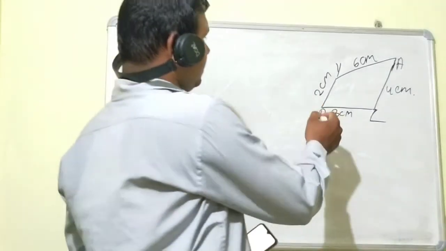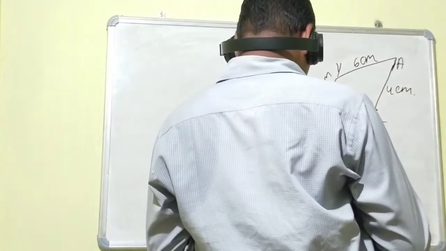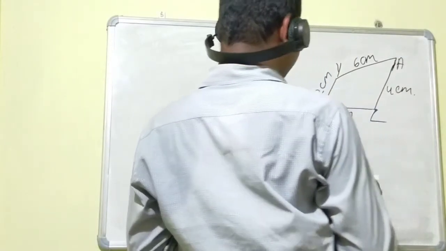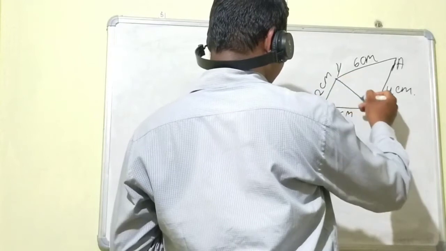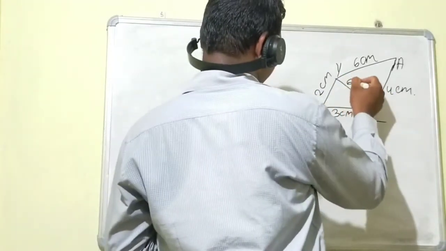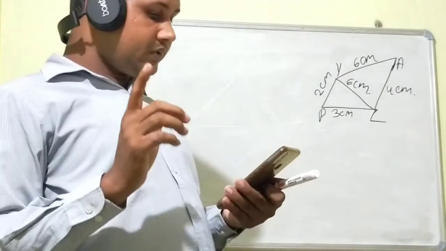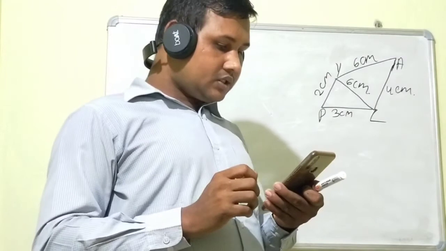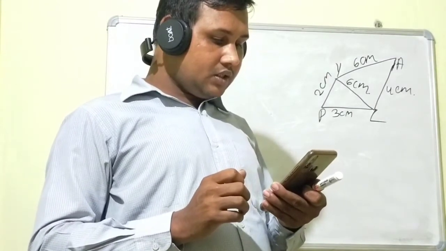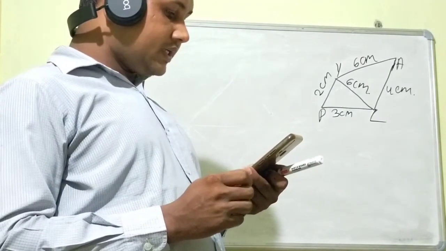In this question, all four sides are given, and a diagonal LY is given, that is 6 centimeter. That is why it's not possible to construct the quadrilateral.